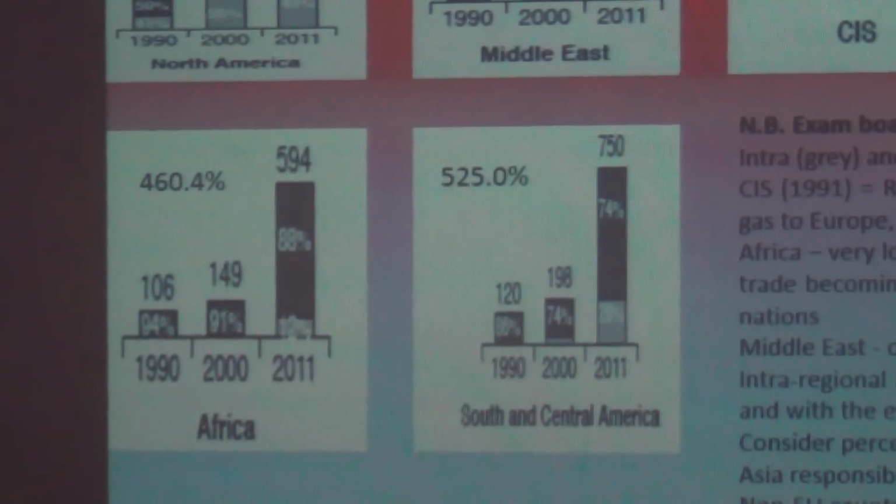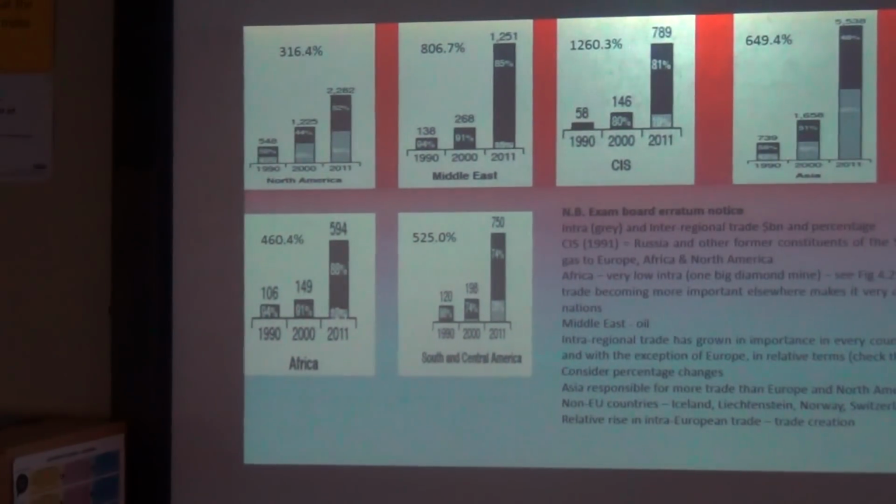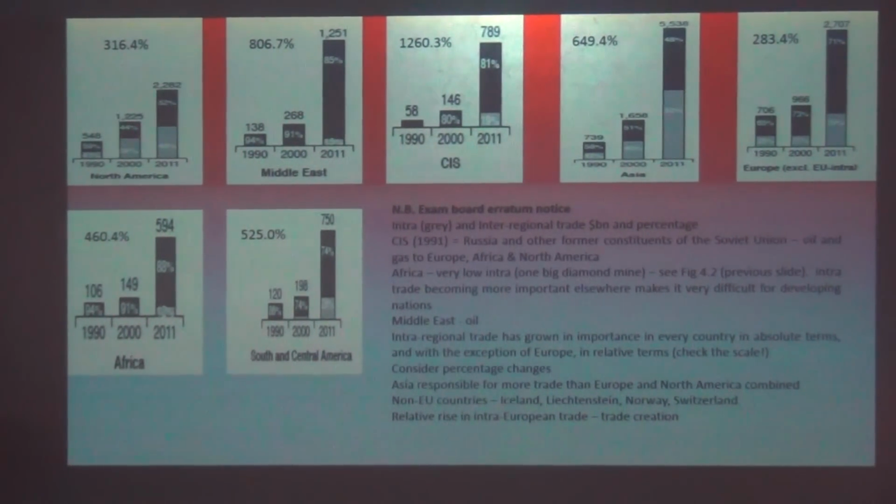Now if we consider all of this data as a whole, I think the exam board are now suggesting to us that perhaps the changes in world trade and world trade output are maybe down to the formation of trading blocks, and the fact that countries are now trading more within the blocks.